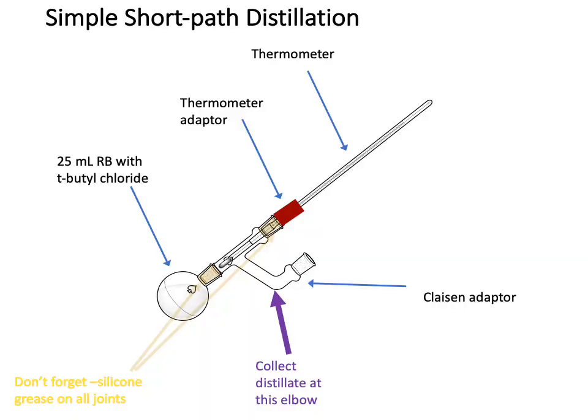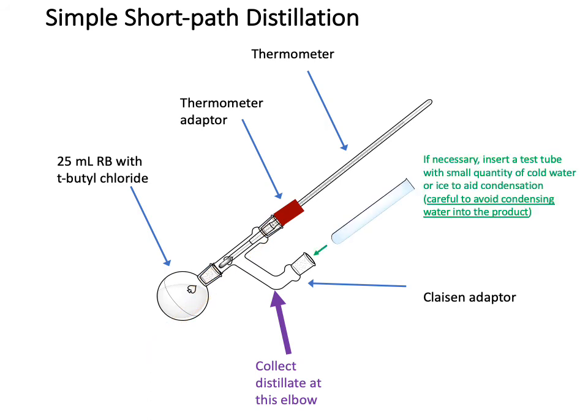These are the different parts of the distillation. We need the Claisen adapter and a thermometer. We may also need to use ice, so we put the ice through the Claisen adapter.